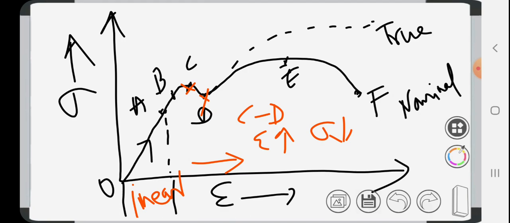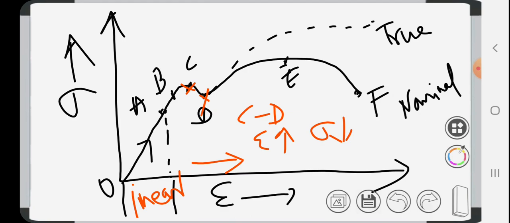Even if the strain increases, sigma starts to decrease. That is due to a particular plastic set formation within the material. You can learn the reason for that decrease in your higher classes, or I will explain that property in a separate class. Don't worry about that.